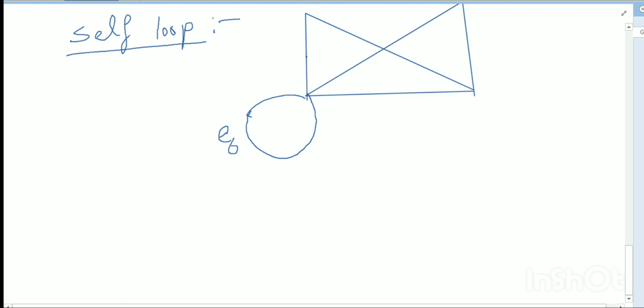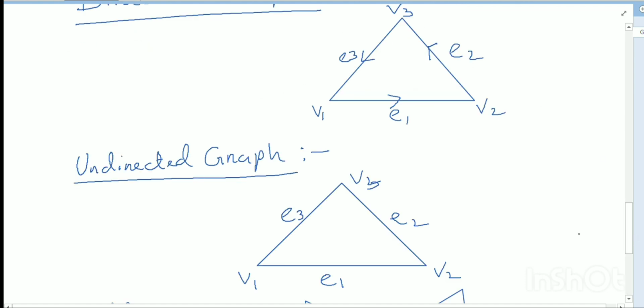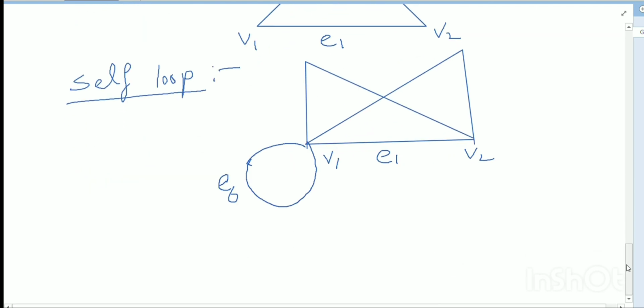E6 is the self loop edge. I am just writing all the edges and vertices. You see that V1, V2, V3 and V4 are vertices, E1, E2, E3, E4 and E5 are edges, and the self loop is only E6.